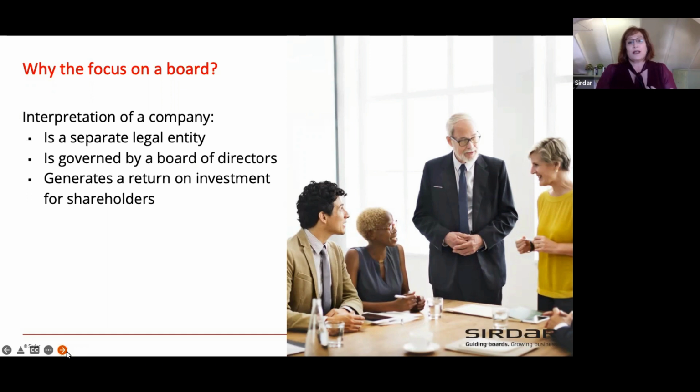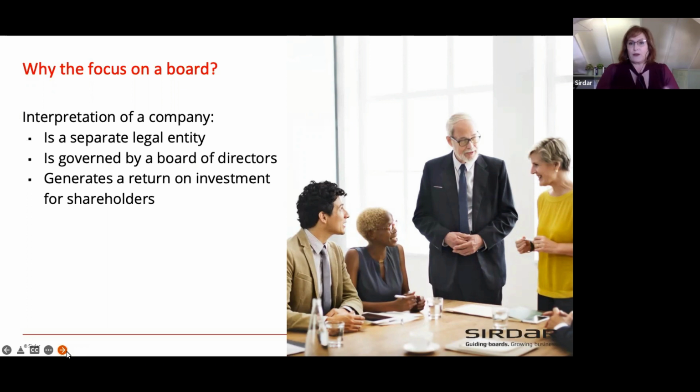There is no such thing as a business owner, if you think about it, because you cannot own a business. And that often comes down to understanding what we call the three hats: wearing the hat of a shareholder, wearing the hat of a director, or wearing the hat of a manager. And a company is governed by a board of directors.